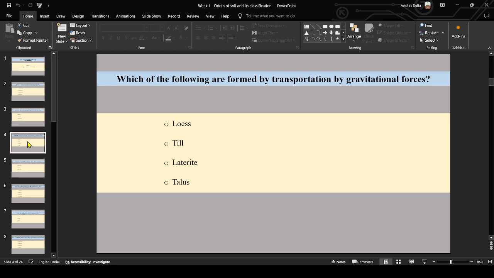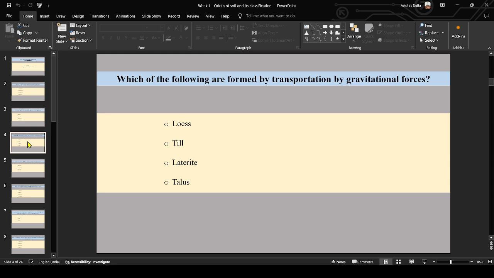Which of the following are formed by transportation by gravitational forces? So again, we are in the origin of soil part, and the origin of soil consists of formation, deposition, and transportation of soil particles from one place to another. There are many agents of transportation: air, water, gravity, wind.